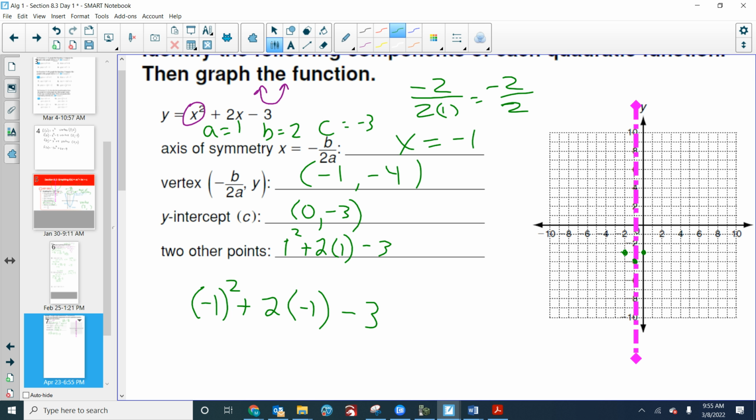So when x is 1, what's y, guys? 0. 1, 0. So guys, go up here. 1, 0 is right there.